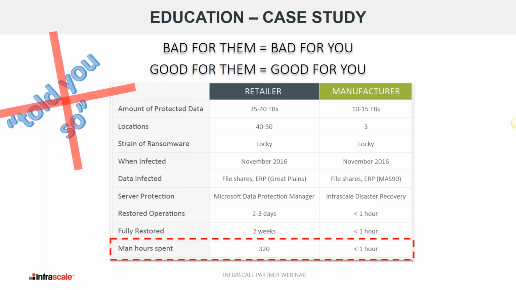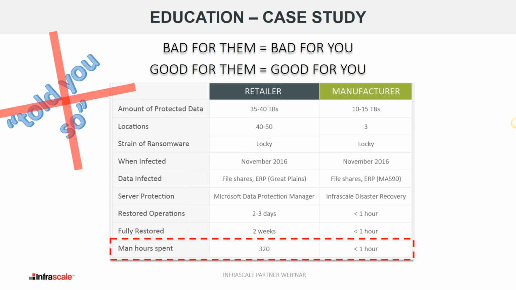And this case study is interesting because this is even from your perspective, right? This is a case study of one of our partners. I'm not sure, I think someone might be here from this partner, but they had a ransomware attack on 2 different customers within a week of each other, and they spent 320 man-hours recovering from the one that only had a backup and didn't have a disaster recovery option from Infrascale, and then the one that did have Infrascale's DR solution, it was less than an hour.